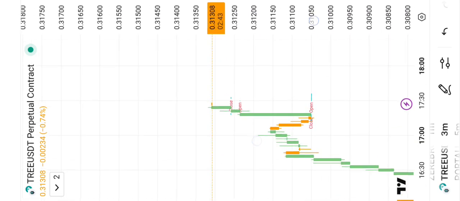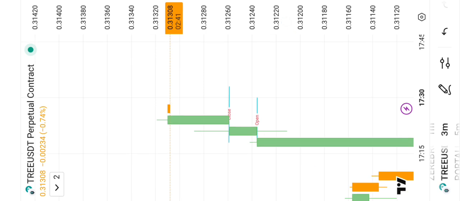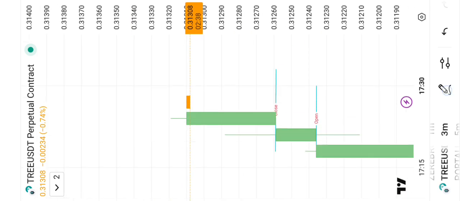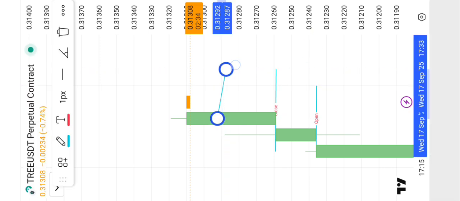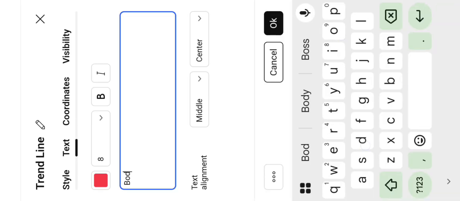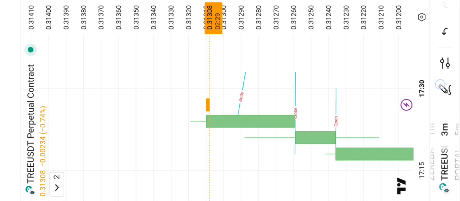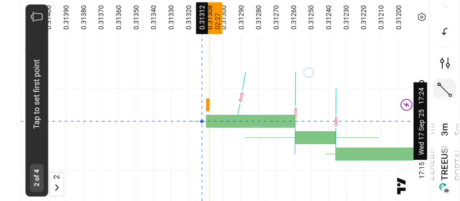So here is all about the formation of the candle, the components of the candles. This is the body, as I said earlier, this is the body of the candle. This is the wick of the candle.